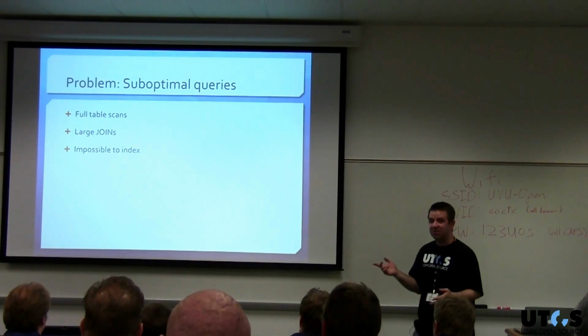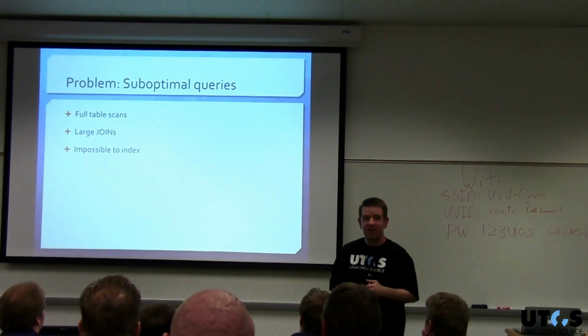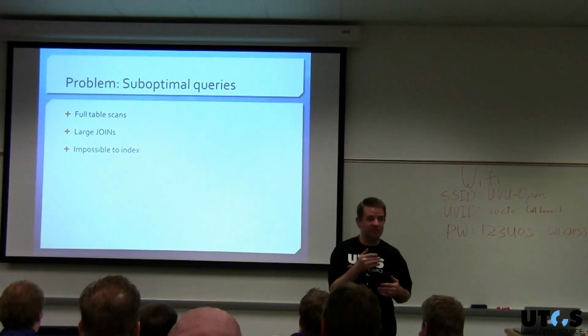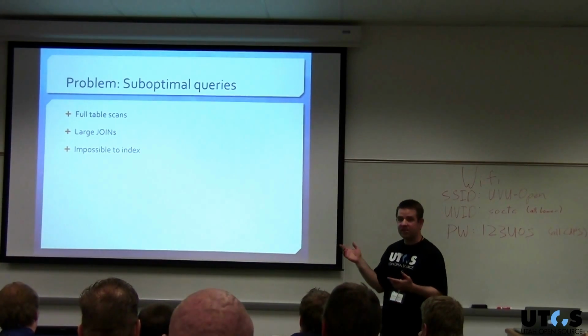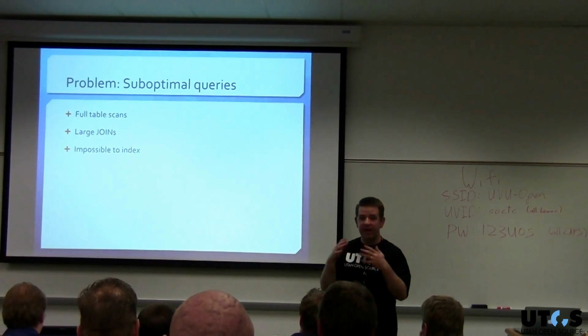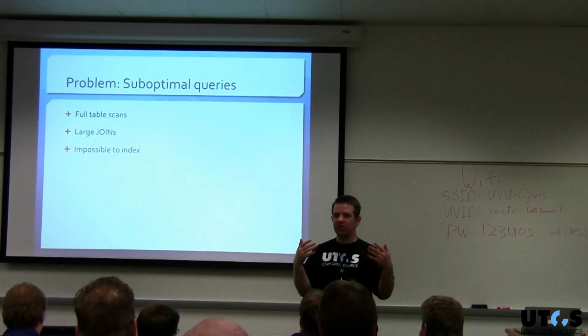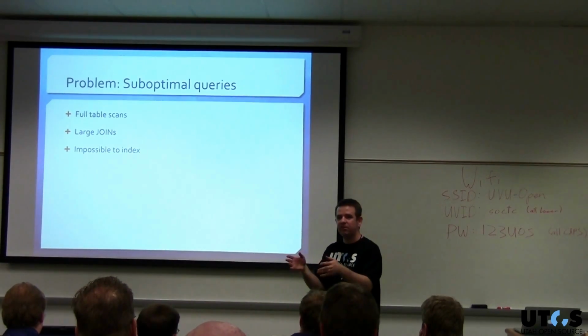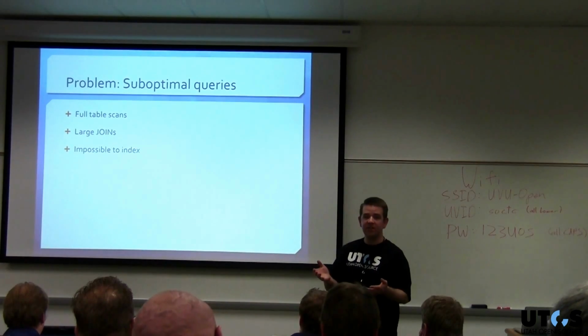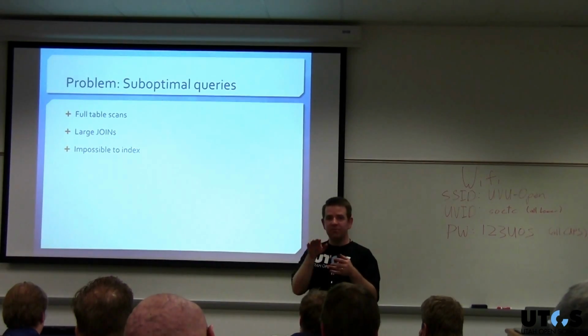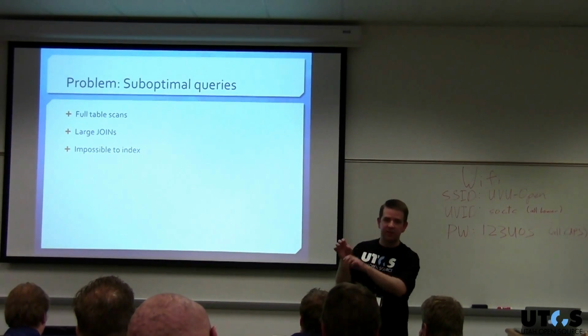Impossible to index. Sometimes you have data that you just can't index. When I worked at Spark Networks, the dating sites, you put in your profile, all this information about you, and then you're searching on random bits of data. I want to search on this and this and this.